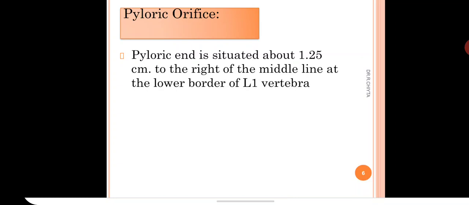And one more point you should note in this pyloric end is the transpyloric plane, which passes through this pyloric orifice, that is at the L1 level.